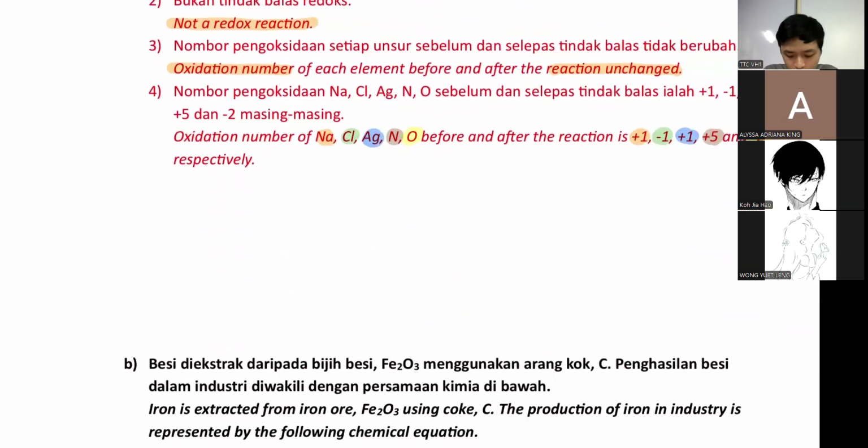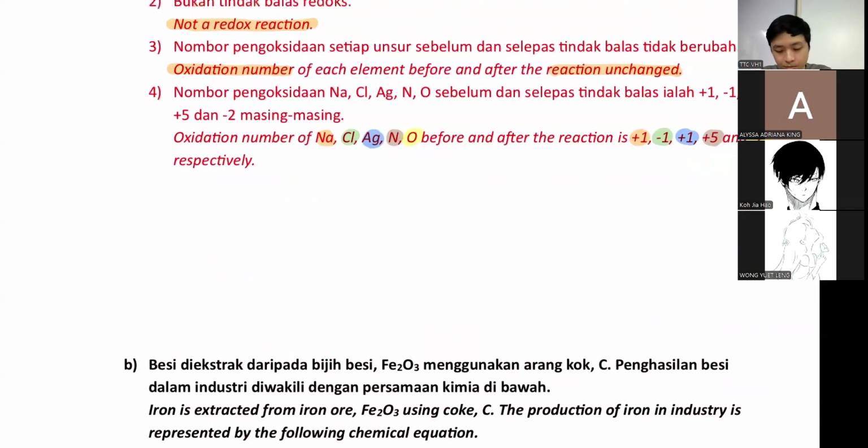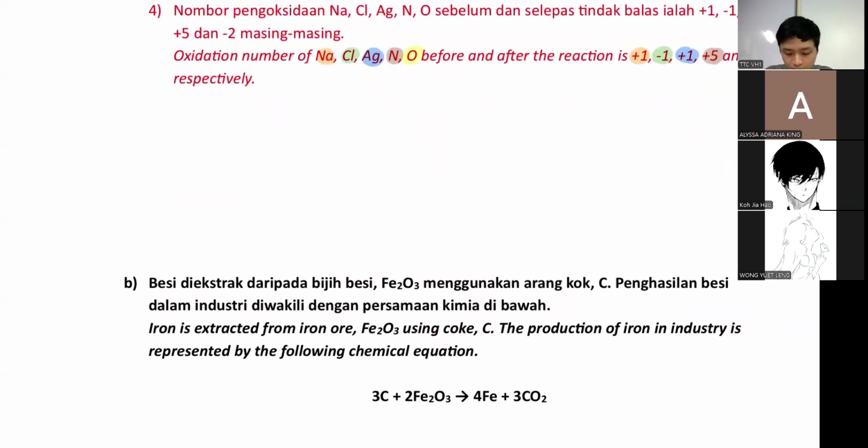Okay. So B. Iron is extracted from iron ore, Fe2O3, using coke. The production of iron industry is represented by the following chemical equation. So this equation, we talk about it in normal class.